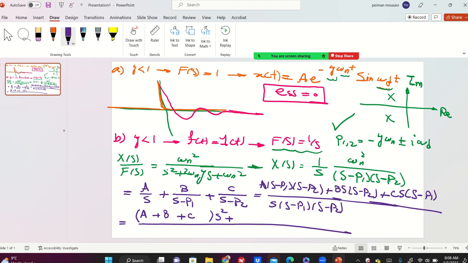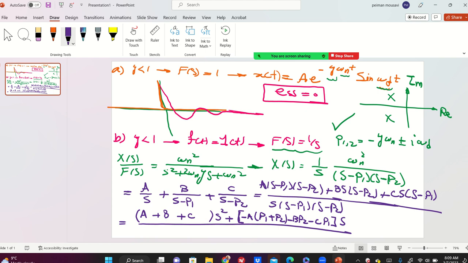And now if you write in s order, you're going to have minus a(p1 plus p2), minus b p2, minus c p1, in s.